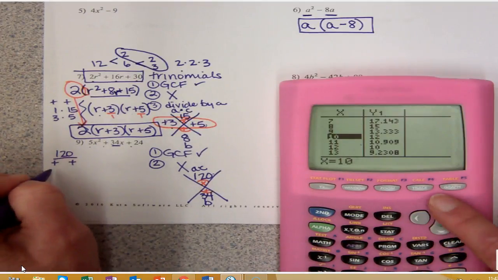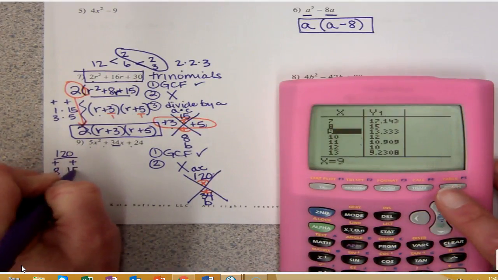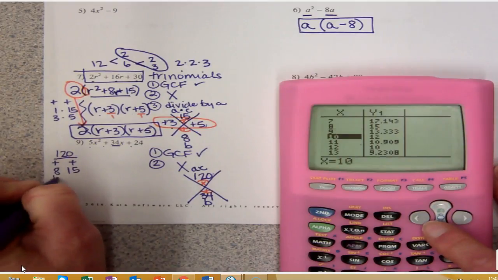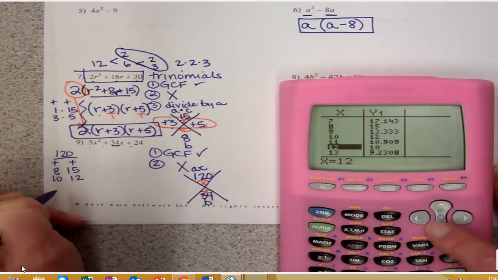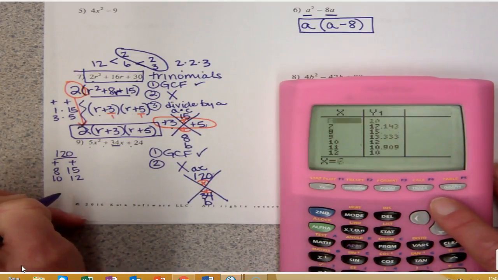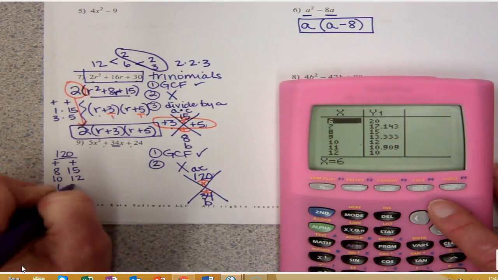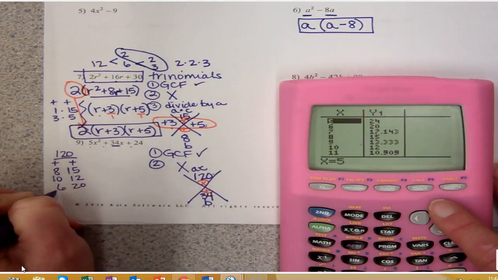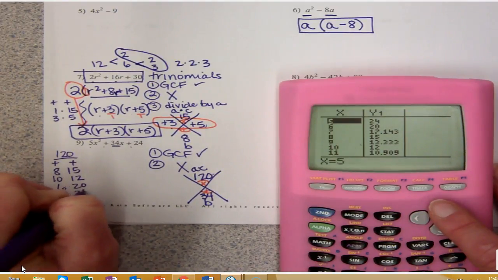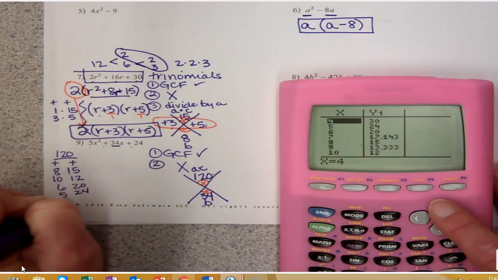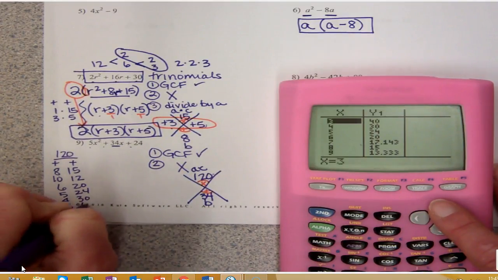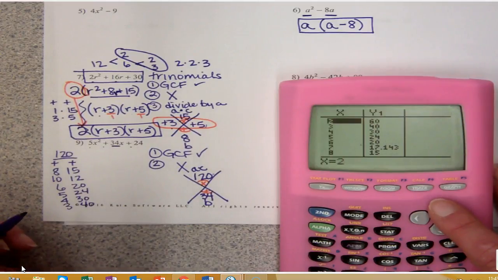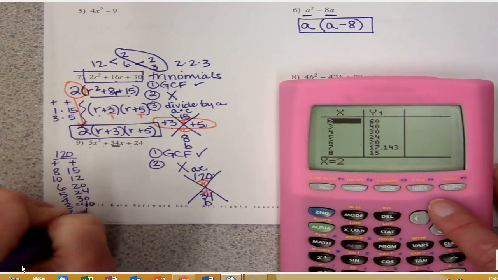So what do I have here? I've got 8 and 15, 10 and 12, 12 and 10. Let's go back up here. 6 and 20, 5 and 24, 4 and 30, 3 and 40, 2 and 60.